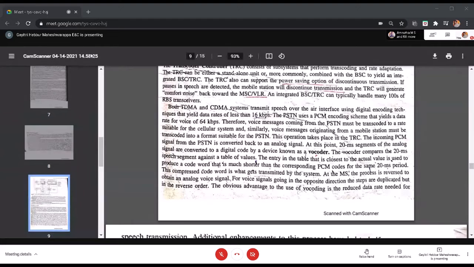Vocoding is nothing but converting an analog voice signal into a digital code. Don't worry about the 20 millisecond segment and other details, as you will study them in speech processing in mobile communication.